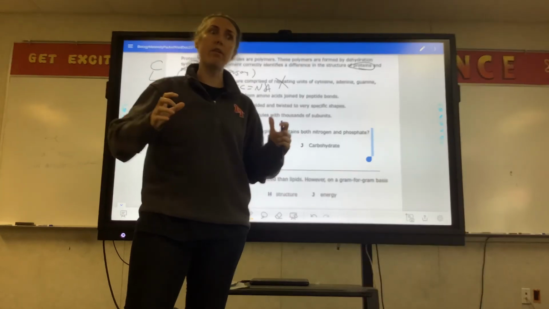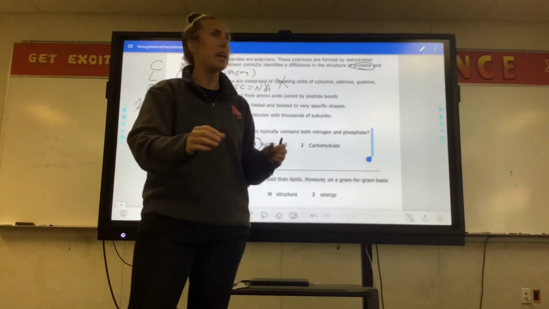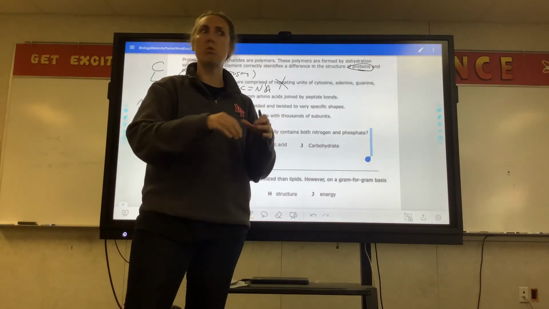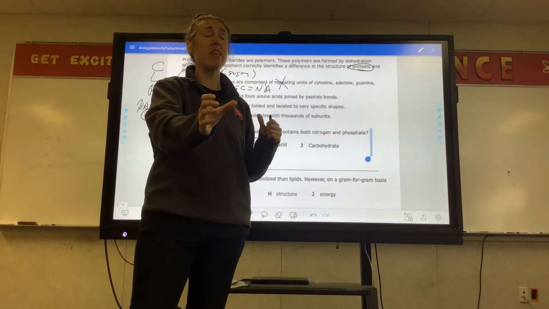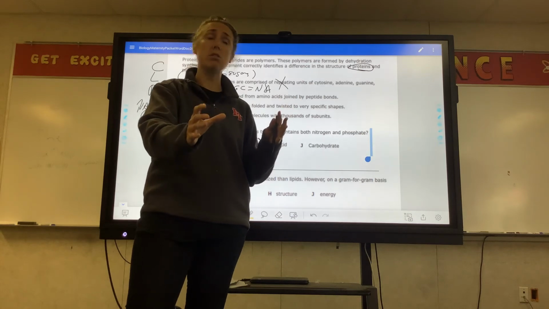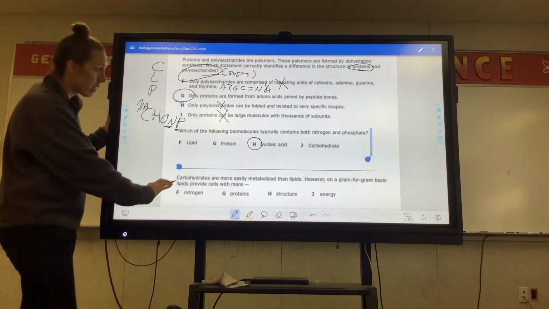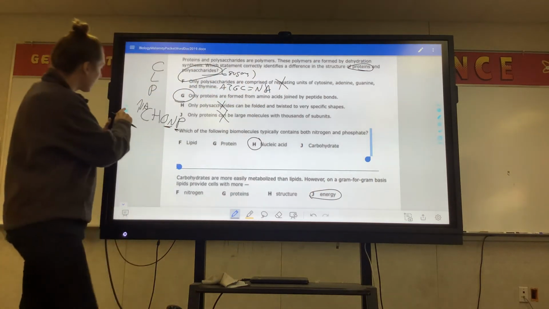Lipids have more calories packed in there. Remember, if I would give you a cup of Cheerios, it's a lot of wasted space. It's really fluffy. It's not dense. If I would give you a cup of lard, that's disgusting, but that is pure energy, pure calories. So they have more energy on a gram to gram basis.